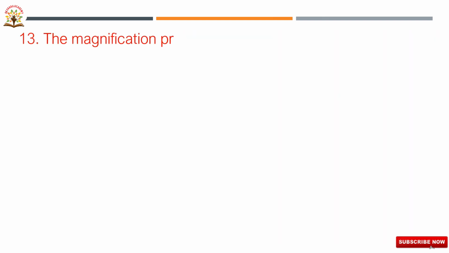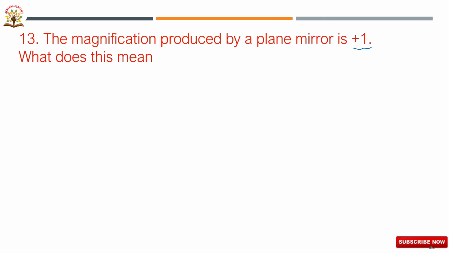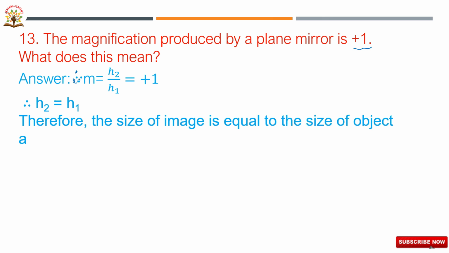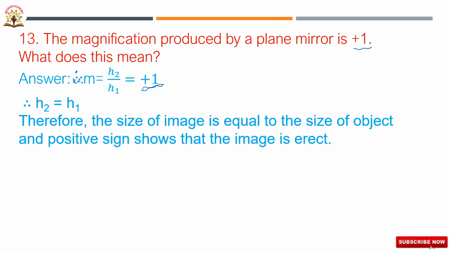The magnification produced by a plane mirror is +1. What does this mean? Here, magnification m is equal to +1. m is equal to h2 by h1, that is equal to +1, as given. Nothing but h2 is equal to h1, that is, image height is equal to object height.